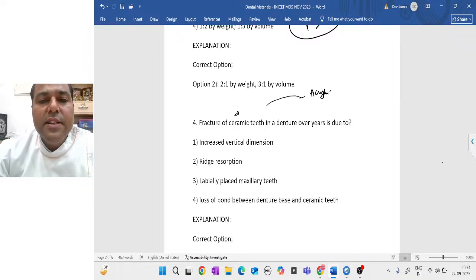So we have an acrylic denture base, and for example, this is a porcelain tooth and this is the denture base acrylic.